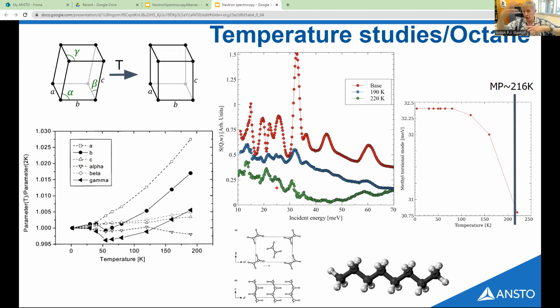Because we also see rotations and translations, and that's what infrared doesn't see, but we see that. We see everything. So that's why we have to cool the material down, so we get rid of all the bad bits, and we only get the goodness coming out. So that's a temperature study, but that's ongoing for me. As I said, I'm very slow with that.